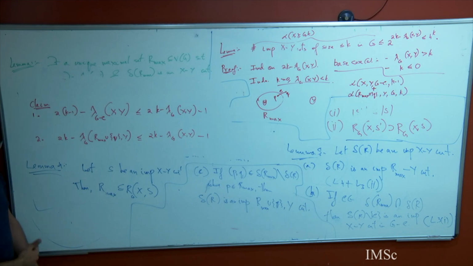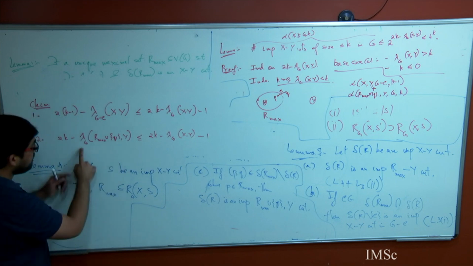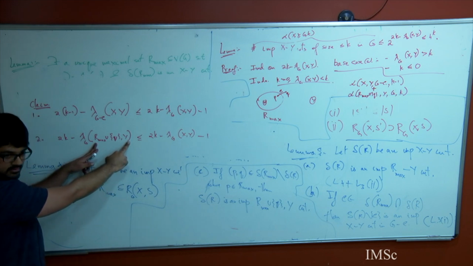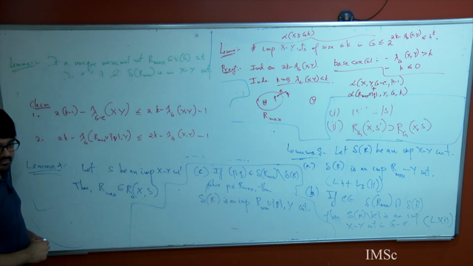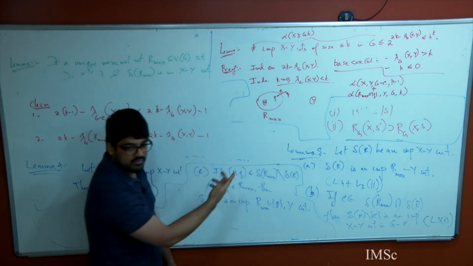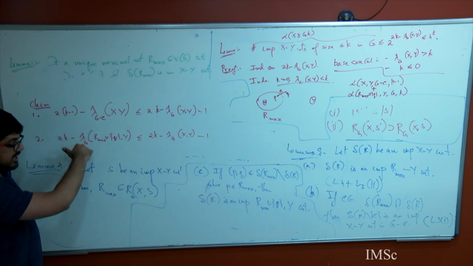And the reason is, if that weren't true, then lambda of this pair would still be my original min cut, which would be a min cut covering R max and Q, which cannot happen. Right? So of course this was a bit vague, but I hope you understand why an improvement is made in each branch.